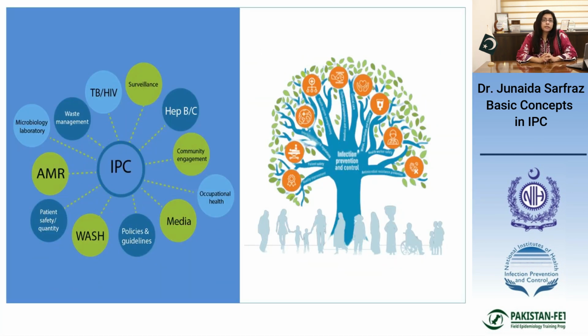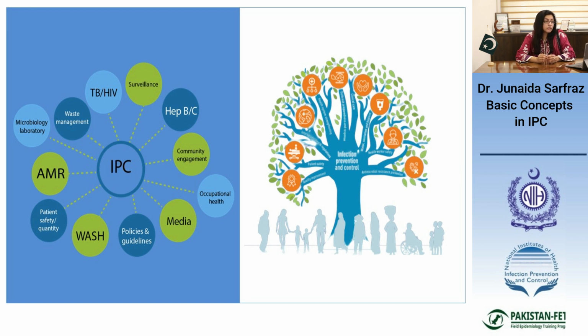This is a diagram that you might see a lot whenever you scroll down on the internet for IPC. What this diagram shows is what I said a few minutes ago, that this is a cross-cutting theme. So we need to work as a team because there are lots of things that go together.